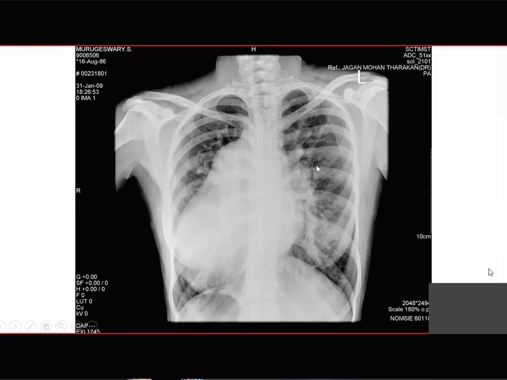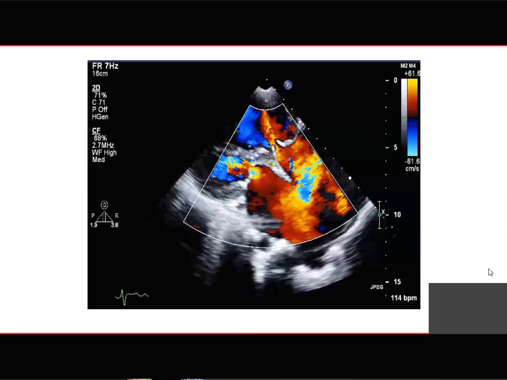It appears plethoric, sir. So what is most likely? Sir, it is a shunt lesion, probably. Which shunt lesion? ASD, VSD, PDA? Common atrium is rare. ASD is most likely because of the cardiomegaly, large pulmonary arteries, and plethora. Okay, what is this?